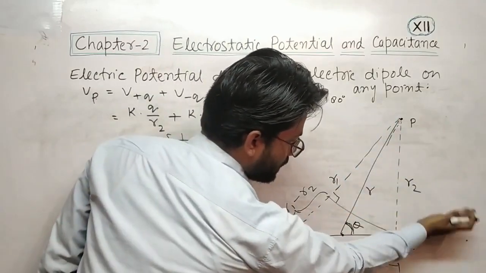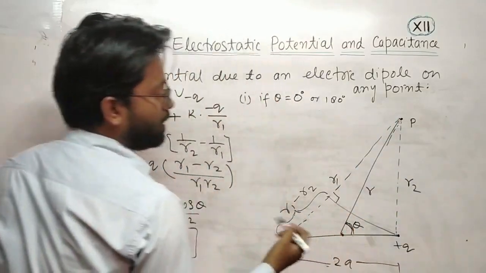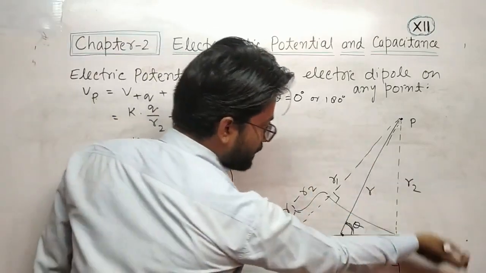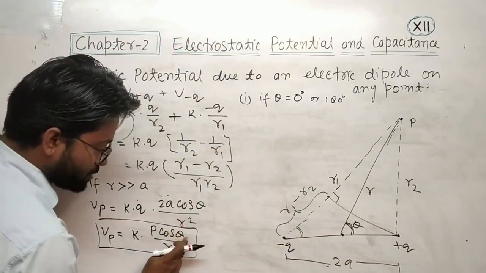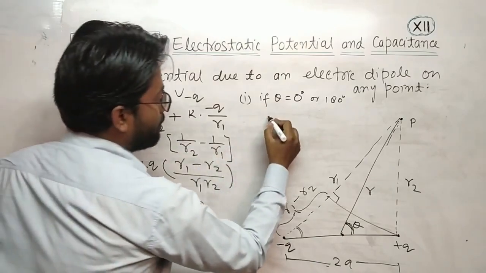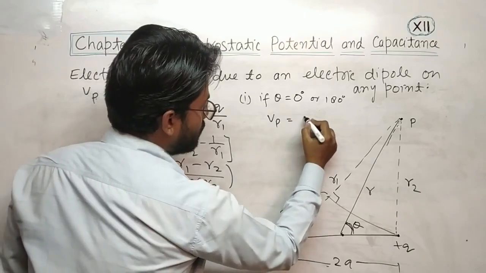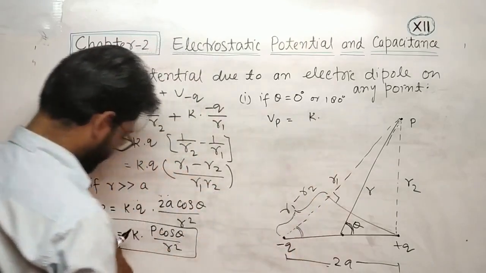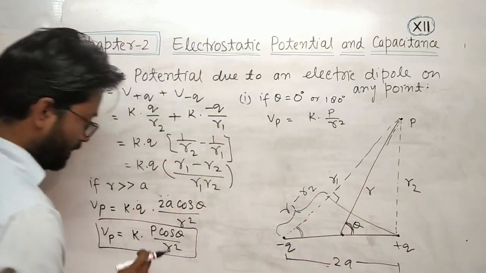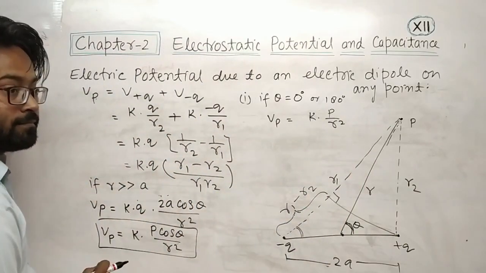If this is that point, that will be similar to the derivation. If theta is 0, cos 0 is 1, so the potential at point P will be equal to K P upon R squared.